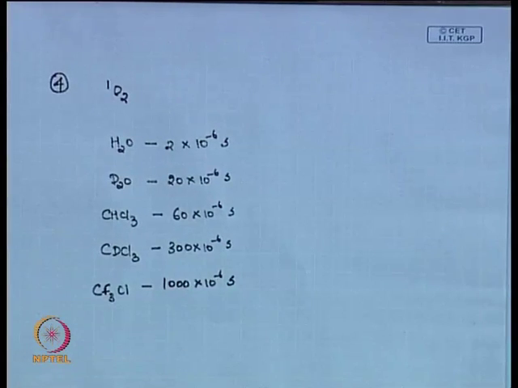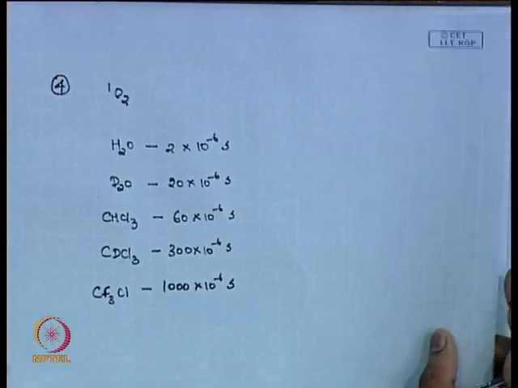So, these are some basic aspects of oxygen. Triplet, singlet, energy gap is 22, lifetime is around 10 to the power of minus 6 seconds, some physical aspects. Now, we will see how people synthesize singlet oxygen.